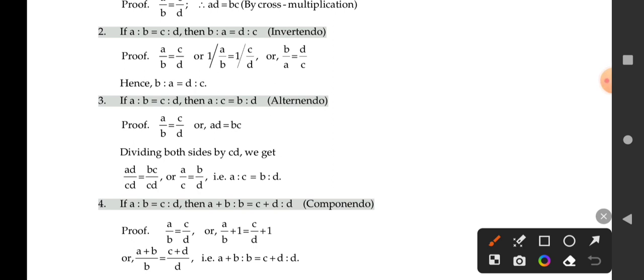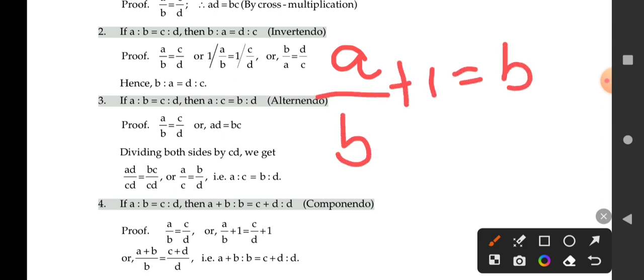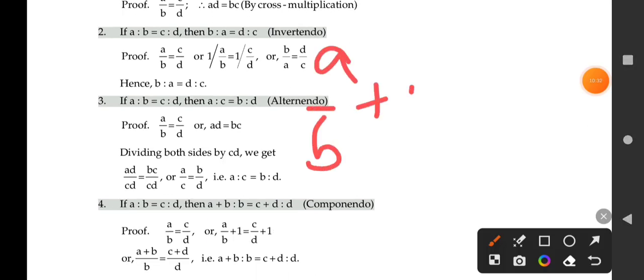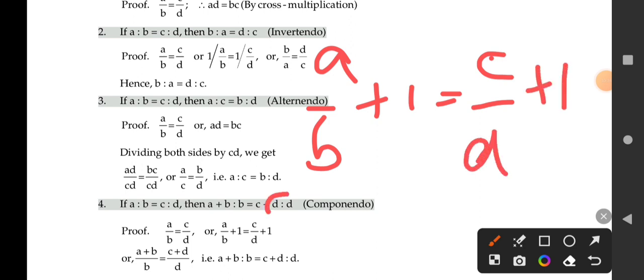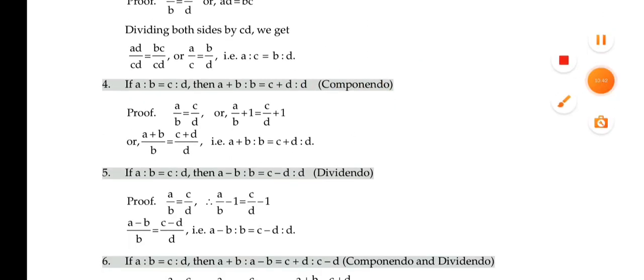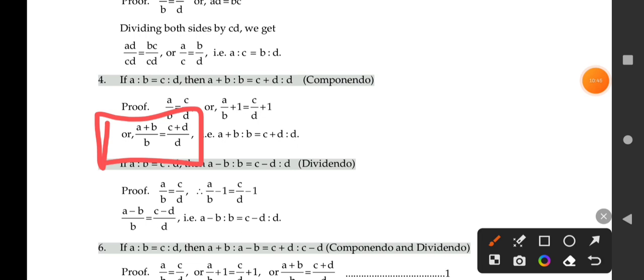So next is componendo. You should remember componendo as adding 1. Okay, A by B plus 1 is equals to C by D plus 1. Simplify. If you remember how it is calculated, you won't have to remember the ratio.